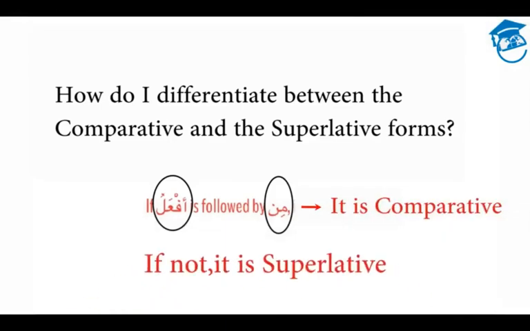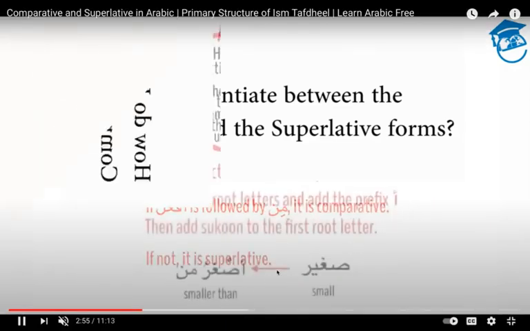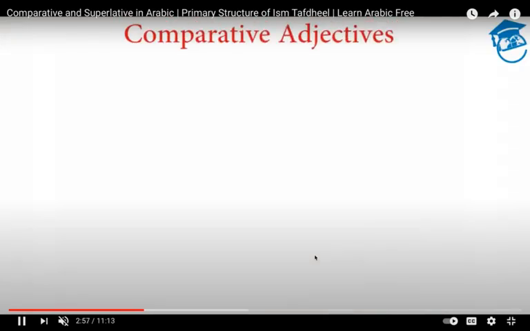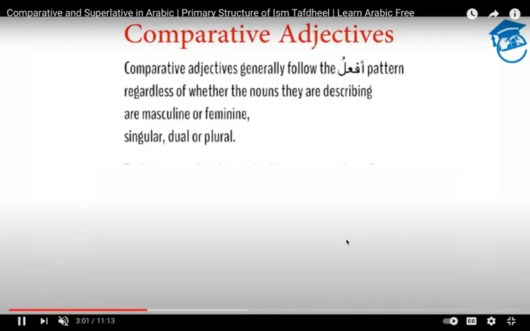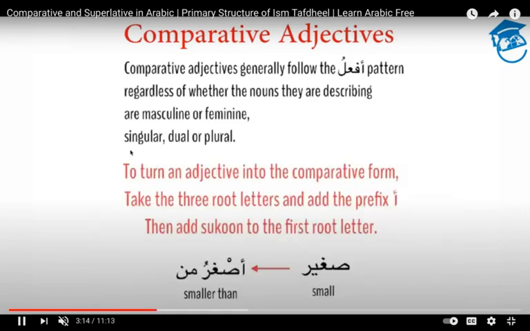Now, if we'd like to use it as a superlative, you won't find min. The comparative adjectives generally follow the أفعل pattern, regardless of whether the nouns they are describing are masculine or feminine, singular, dual, or plural. Meaning, here you cannot say for feminine I have to change it, or for plural I have to change it.